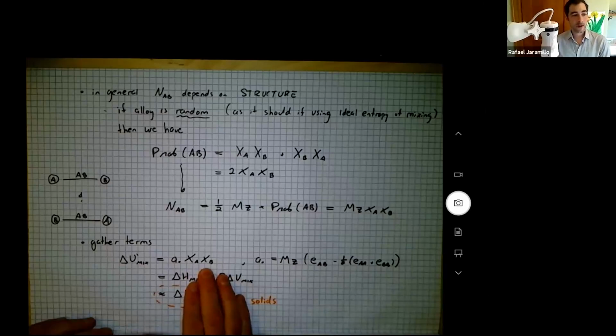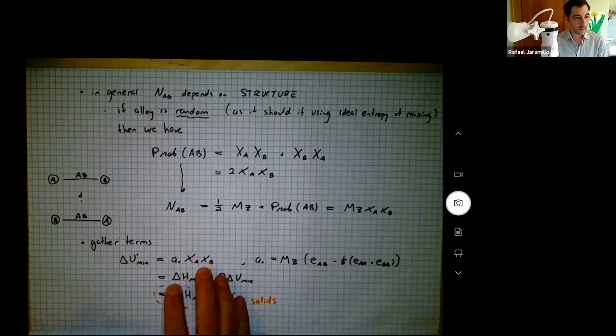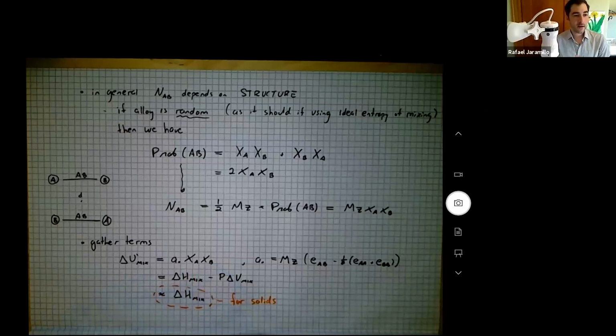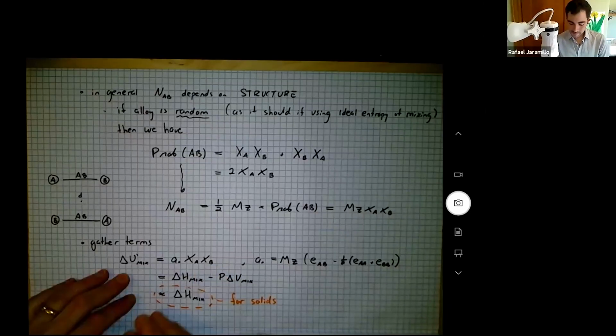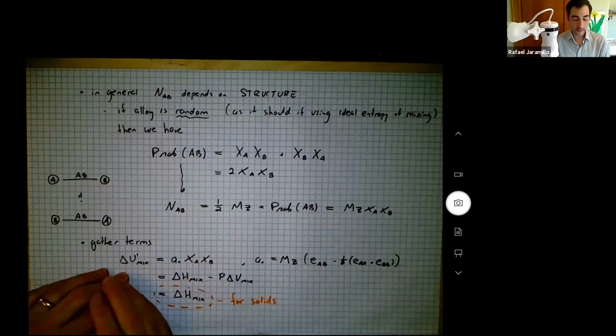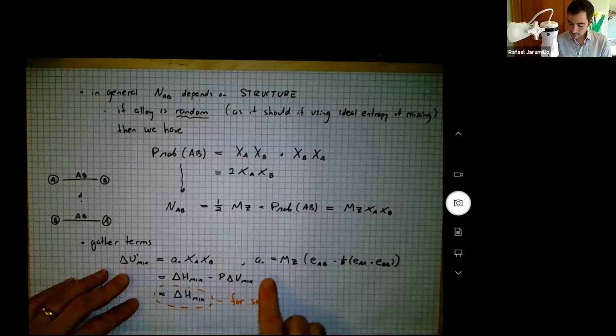So this pretty simple model of molecules on a lattice gave us an energy of mixing, or if you like, an enthalpy of mixing, that has this simple regular form. And there's some physical interpretation here.